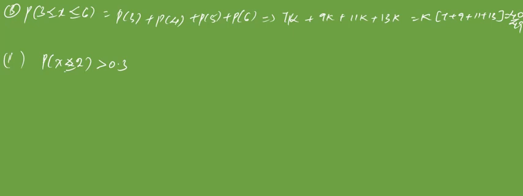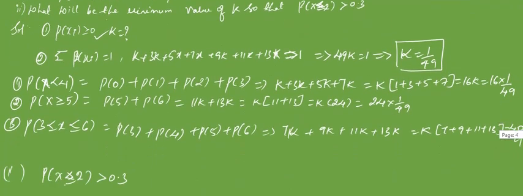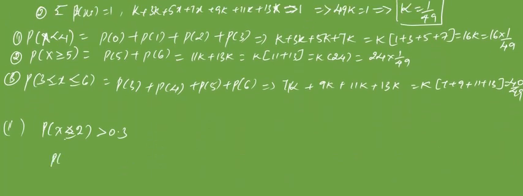The value of x less than or equal to 2 means you can take the values 0, 1 and 2. So probability of x less than or equal to 2 is probability of 0 plus probability of 1 plus probability of 2, whose values are k plus 3k plus 5k.